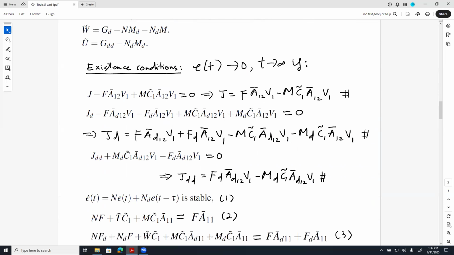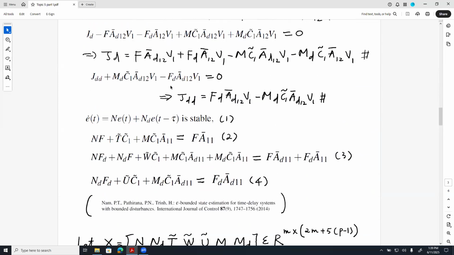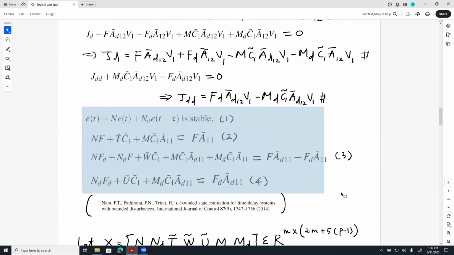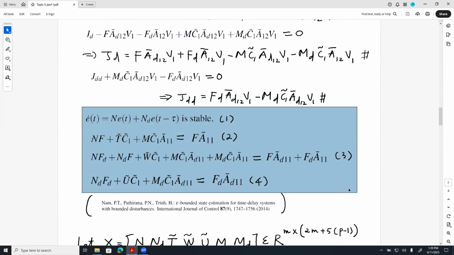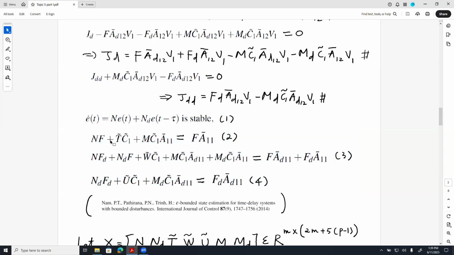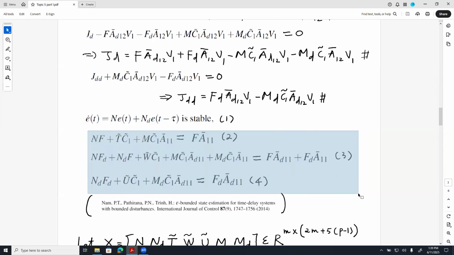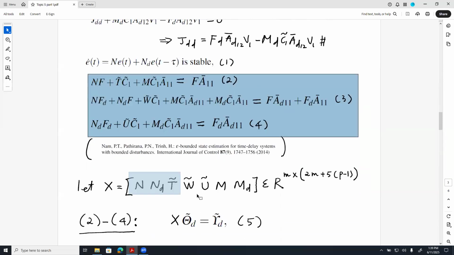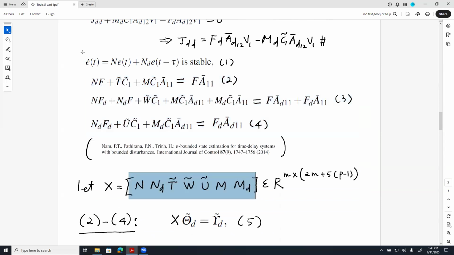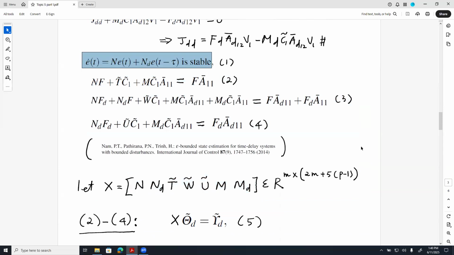When we get to the existence conditions, the key to solving the parameters is basically these equations 1, 2, 3, 4. We want to solve for these unknown matrices in such a way that this error dynamic system is stable. You see, that is our goal there.